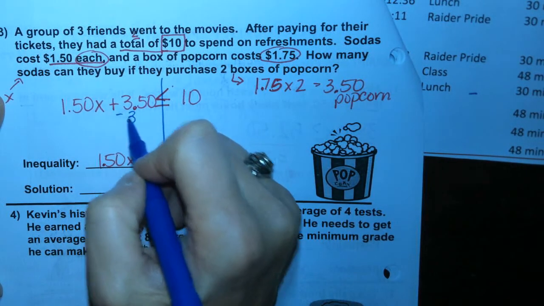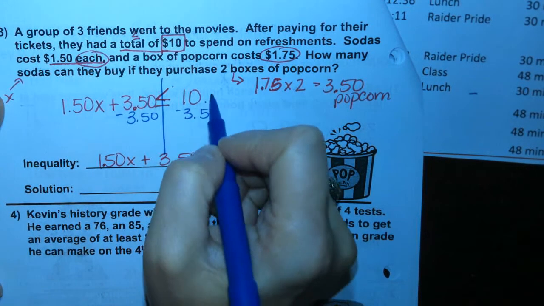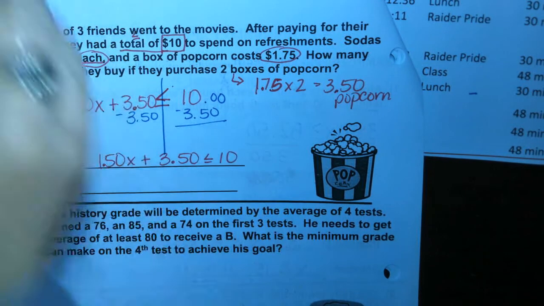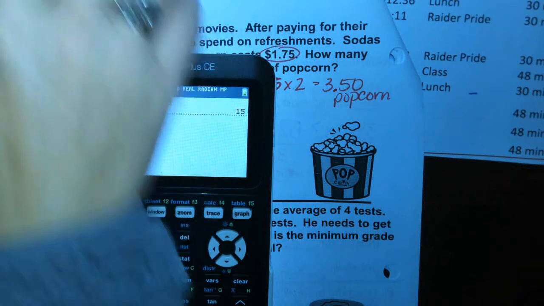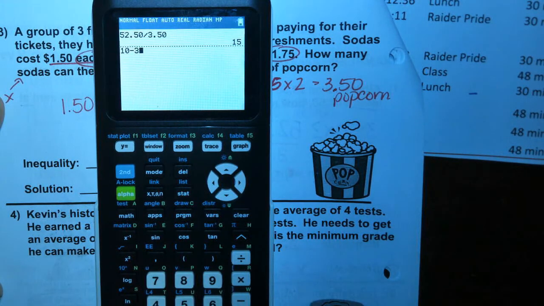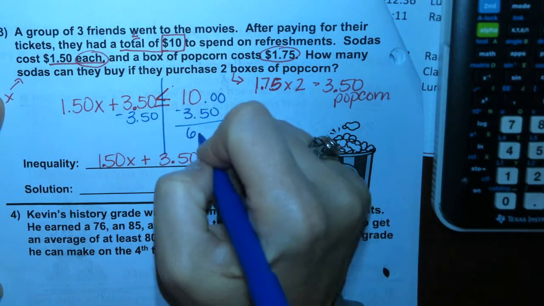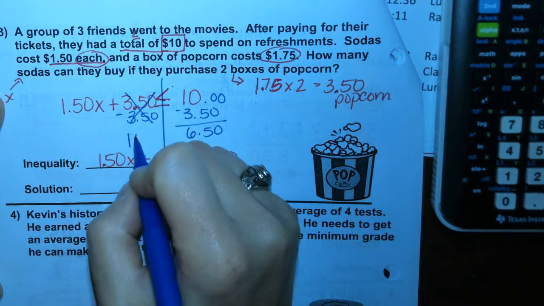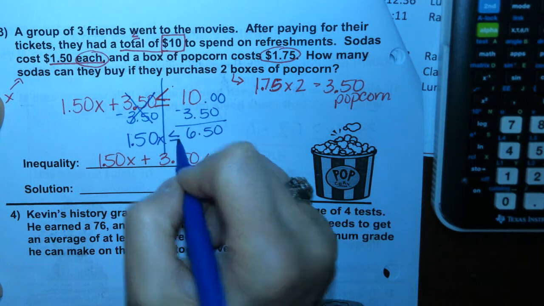So we're going to subtract 3.50 from both sides. And we need to line up our decimals, but you can also just do this on your calculator. $10 minus $3.50 is $6.50. Okay, so that cancels. So $1.50x is less than or equal to $6.50.